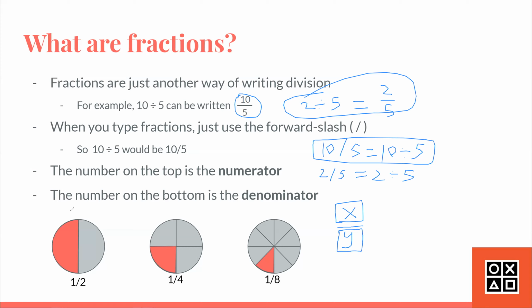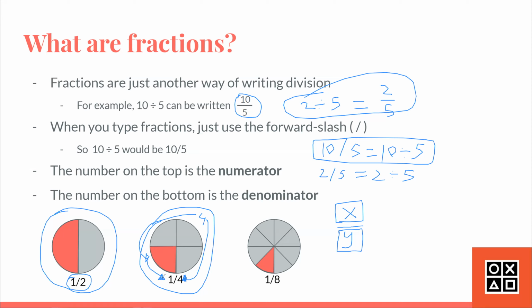All right, so we can look at a really good visual representation of fractions. This entire circle is represented as a whole, but it's broken into 2 equal parts. That's why this fraction would be 1 part filled out of 2 parts. And in this case, the entire whole is a circle divided into 4 sections, hence the denominator, but only one section is filled, hence the numerator. 1 out of the 4 sections are filled.